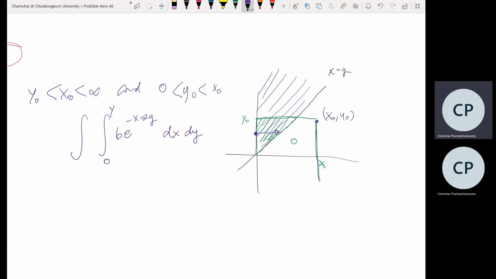See, this is x equal to 0 and this is x equal to y. Okay, dx from 0 to y, and y from 0 to y naught.